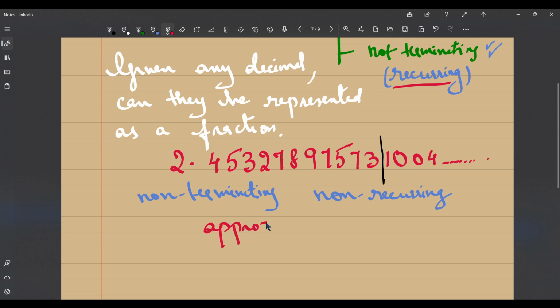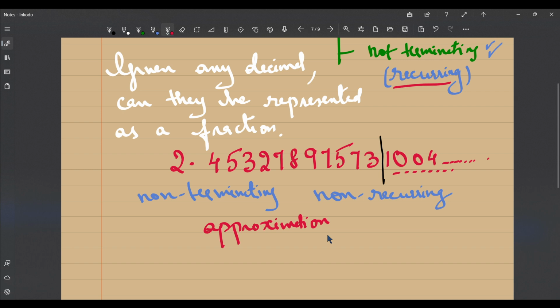It will never be an accurate value because it does not consider all the values towards the end. It can only be approximated to a rational number, but can never be accurately represented as a fraction or as a rational number.